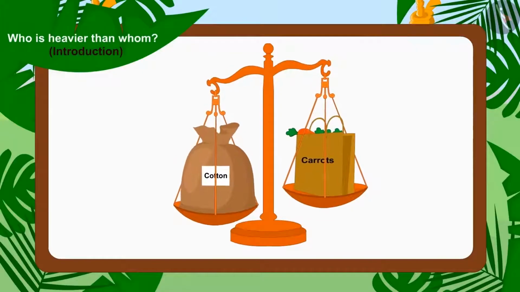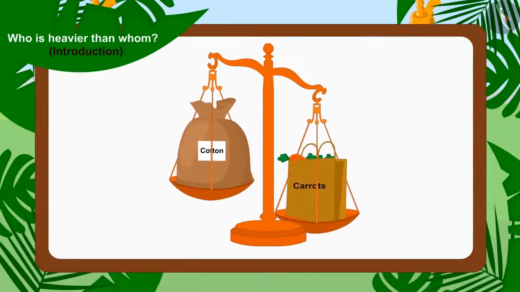Well done, children. You have found the right answer. The weighing scale tipped towards Bunny's carrot bag. That is why Bunny's carrot bag is heavier than Bhola's bag full of cotton.